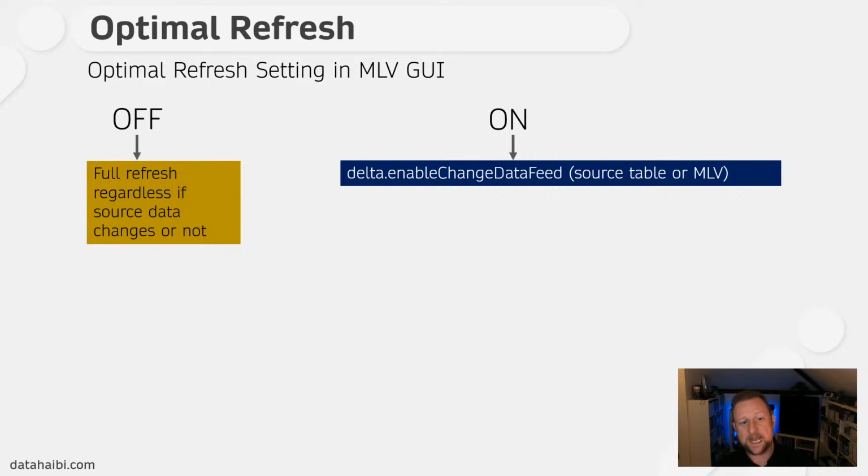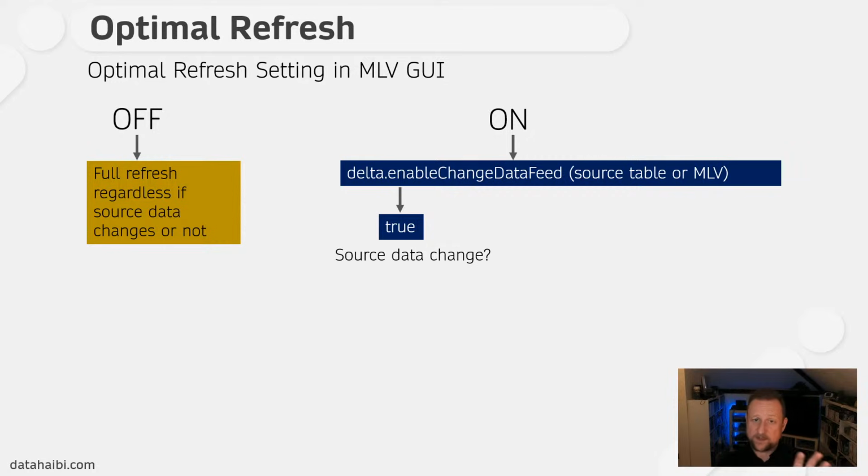Change data feed just adds a little bit of metadata to the table and tracks changes over time so that you can go in, query, and only pull out the data that's changed. If you've switched that on a source table or an MLV, you can enable change data feed on an MLV as well.